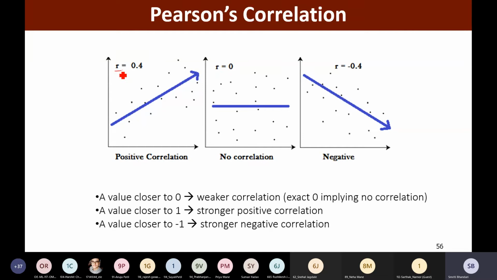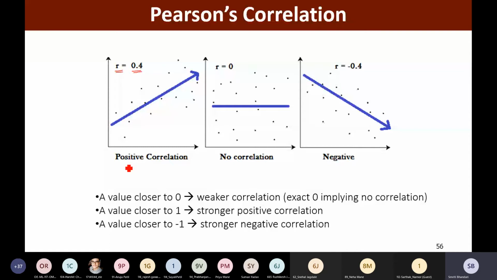If my Pearson correlation coefficient R is say 0.4, then I'll say that it is positive correlation. If R is equal to 0, obviously I'll say that there is no correlation. And if R is some negative value, then it is a negative correlation.